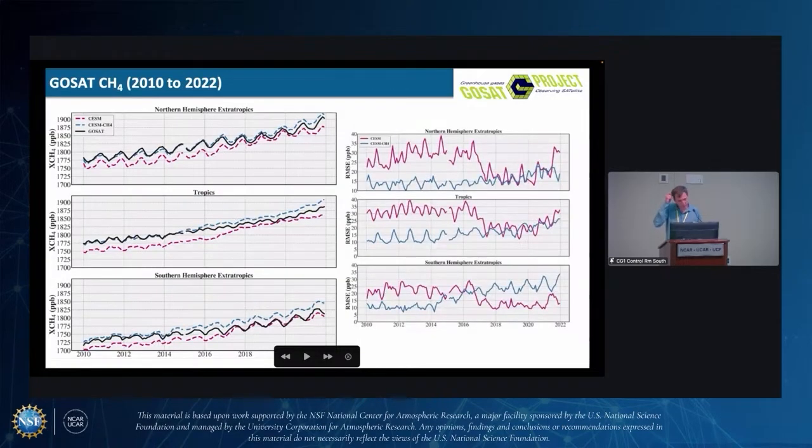Here are GOSAT methane observations that only started in 2010. We do now better represent methane in the emission-driven than in the prescribed simulation run, which is kind of interesting because especially over this period, the methane is supposedly prescribed by observation. So it really has to do with the spatial distribution of zonal mean methane emissions versus having actual 1 by 1 degree maps of monthly emissions.